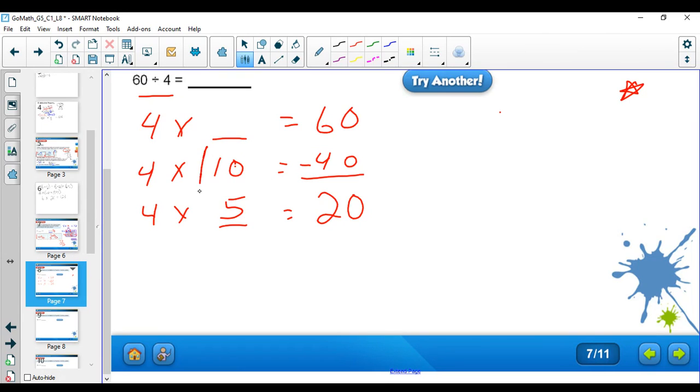So now all I have to do is take these two factors and add them together. And 10 plus 5 is 15. So 4 times 15 equals 60, which means that if we come back up here, 60 divided by 4 equals 15. This is really the way I recommend laying this whole thing out.